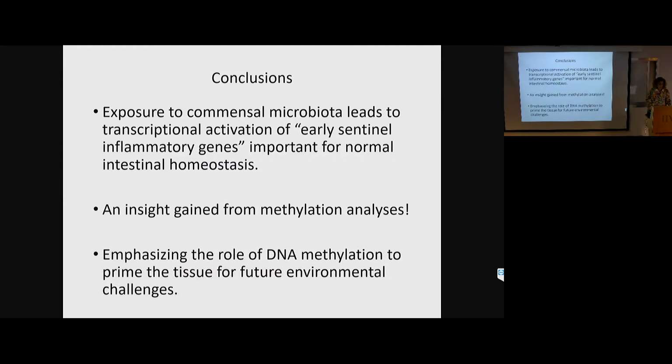So we conclude that exposure to commensal microbiota leads to transcription activation of early sentinel inflammatory genes, which are probably important for normal intestinal homeostasis. And this insight was gained from methylation analysis on top of the RNA-seq, because RNA-seq, as you remember, just gave us DNA replication.